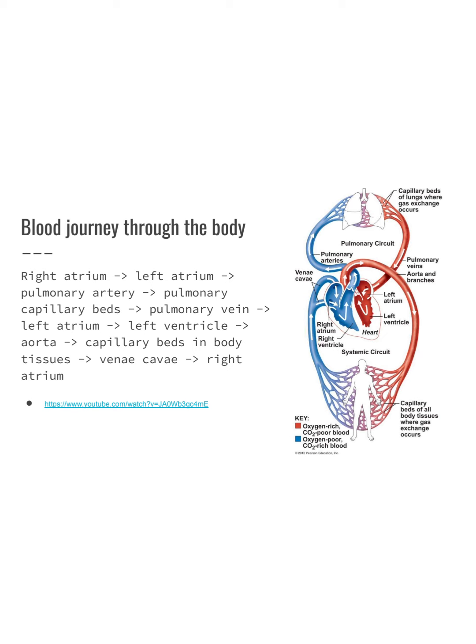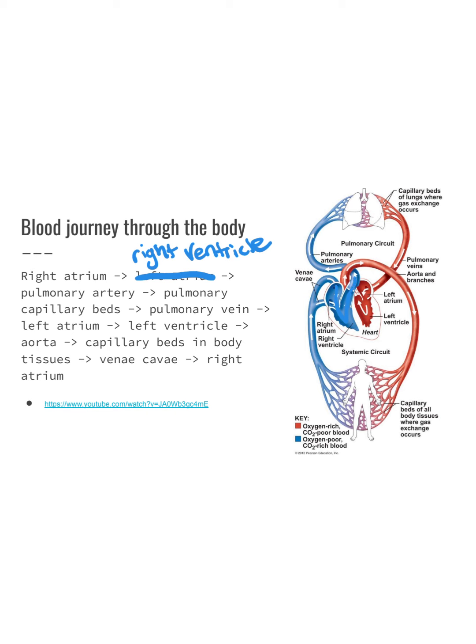From the right atrium, our blood is going to go into the right ventricle. So I made a mistake here on my slide. That should say right ventricle. So we go from the right atrium into the right ventricle to the pulmonary artery.